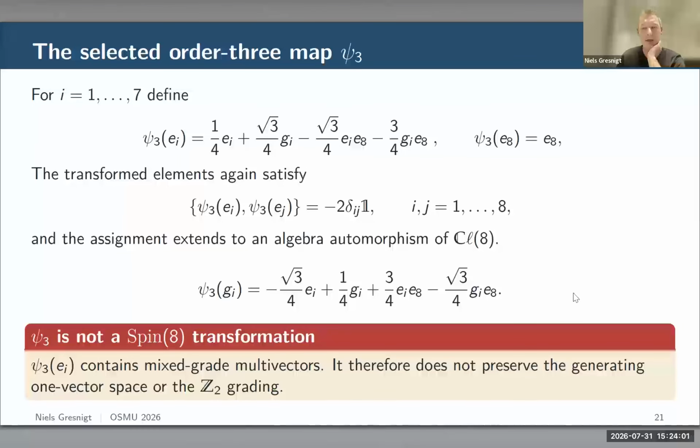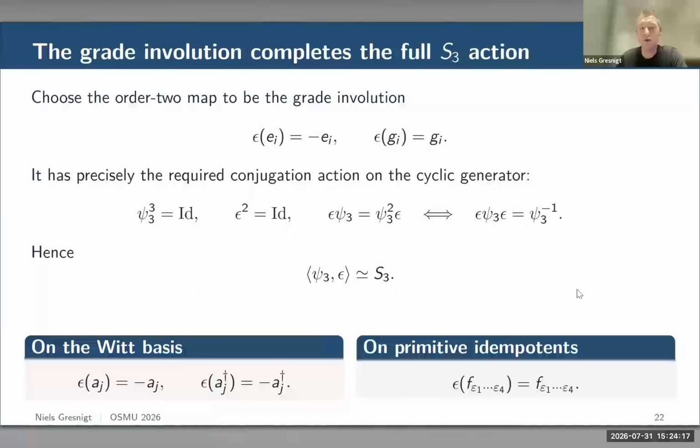Now it's worth quickly mentioning that psi3 is not a spin 8 transformation because it doesn't preserve the 1-vectors. And it does not preserve the Z2 grading of the Clifford algebra either. Now for the remaining order 2 automorphism or generator of S3, I use the grade involution. So it just changes the sign of all the 1-vectors of CL8.